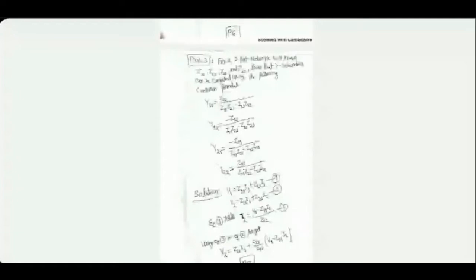Okay. From there, what I did was I simplified the result for V2 and I reshaped it into a form where I could write I1 as a linear combination of V1 and V2, with some coefficients, of course.